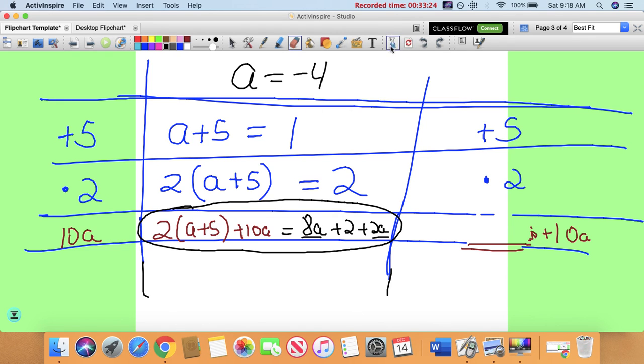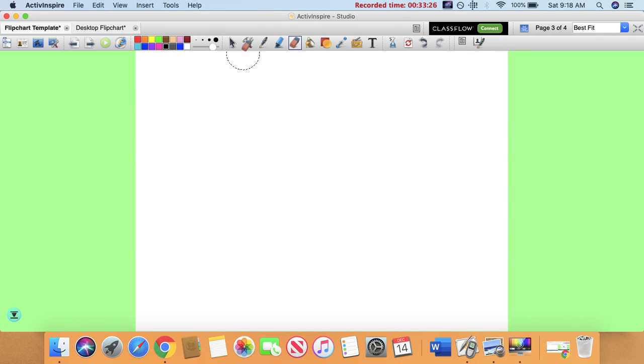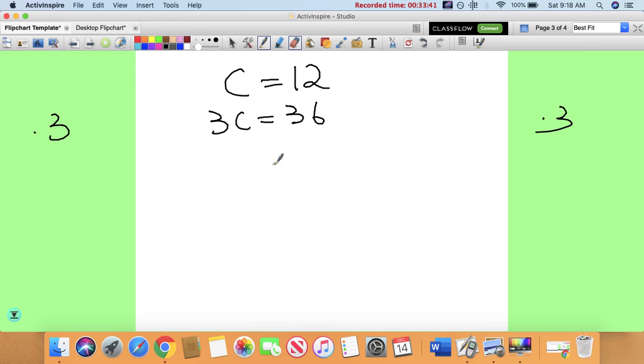I'll do one more. Let's do, I don't know, c equals 12. Let's multiply both sides by 3. So we get 3c equals, and 3 times 12 is 36. Again, let's add.